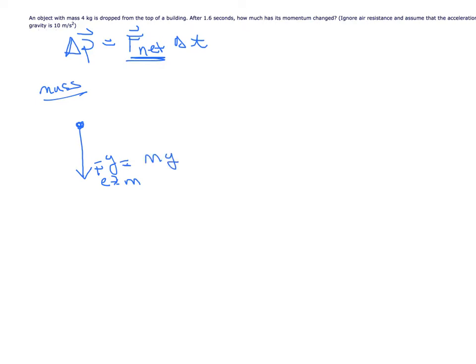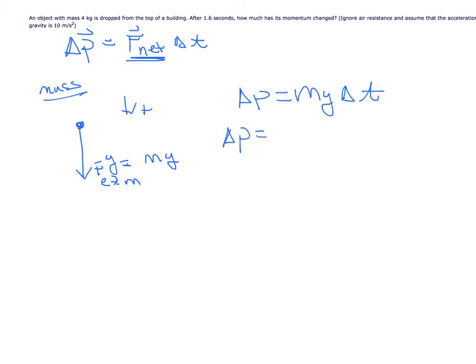So using that then, what I can do to figure out the change in the momentum is I can say, well, let's call down positive because that's the way things are moving. Then I'll say my change in momentum is equal to mg delta t. This will work from whatever your numbers are, but in this case I have some numbers, so let's just finish plugging this in.